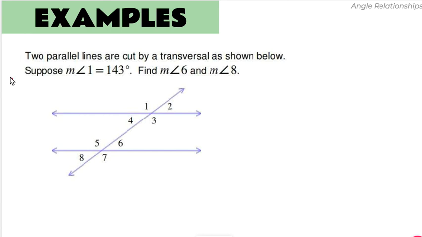All right, example 9. Two parallel lines are cut by a transversal. Suppose angle 1 is 143 degrees. Might as well just label that right now. Find angle 6 and find angle 8.